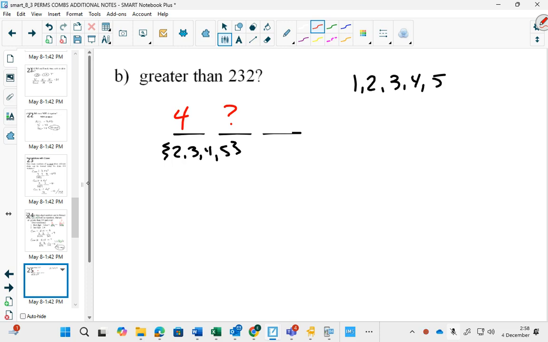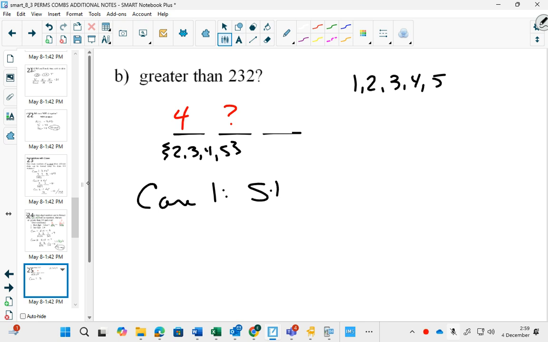So my method for solving these greater than questions is I always make my case 1 by looking at the first space: what would guarantee that it would work, that I'd have no restrictions?